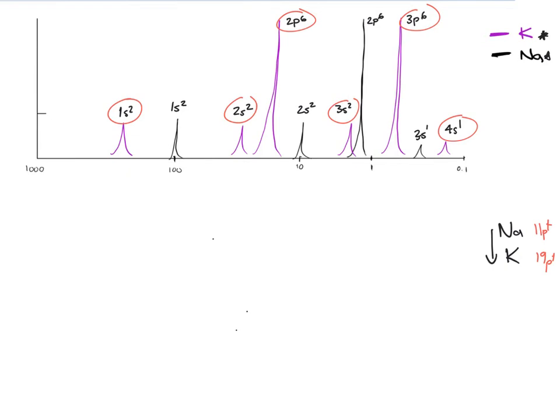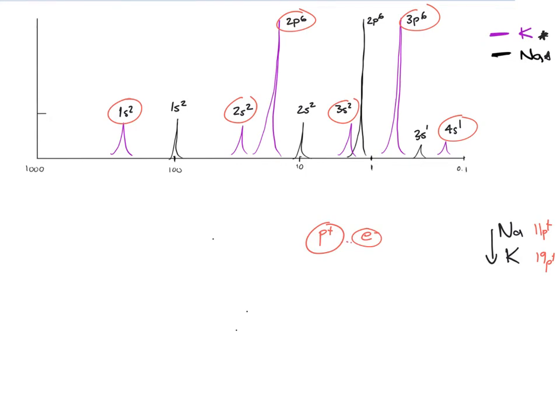Okay, so let's talk about each individual peak. So this first peak here, the 1s2, we know that these electrons are going to be the highest in energy because they're the electrons that are closest to the nucleus. Okay, so they're going to require the most energy to remove. The reason, of course, is that the protons inside the nucleus are attracting those electrons and they're unencumbered by any shielding.